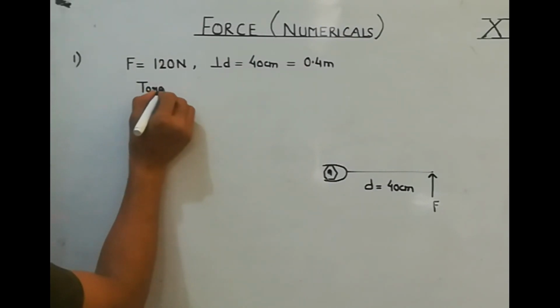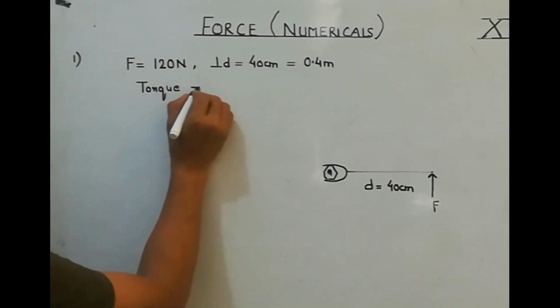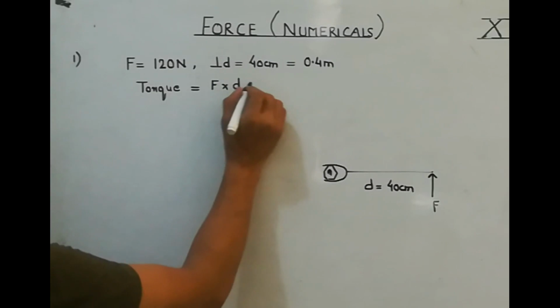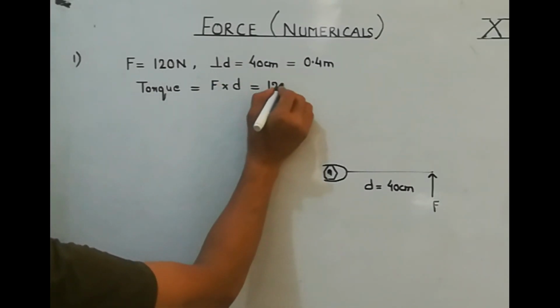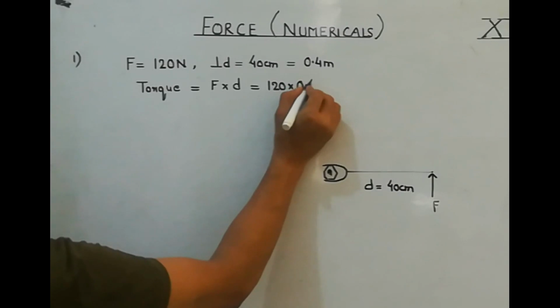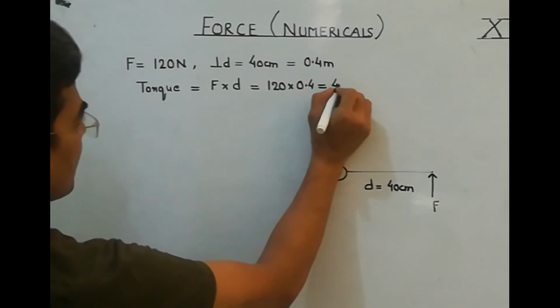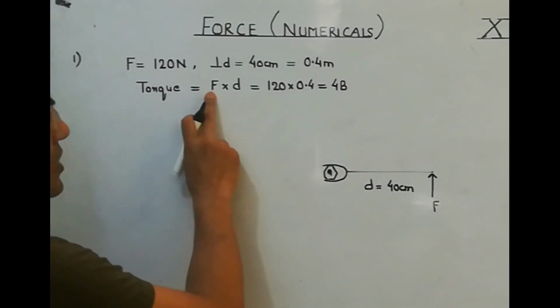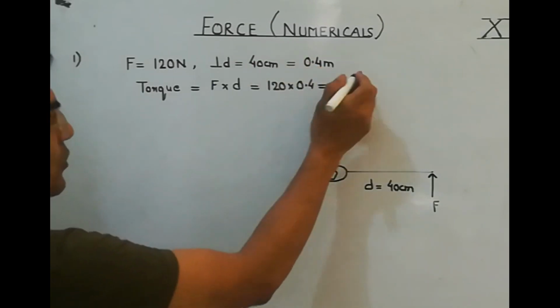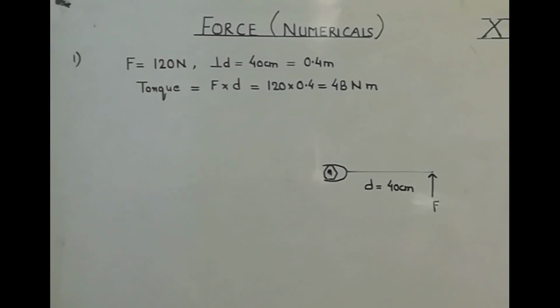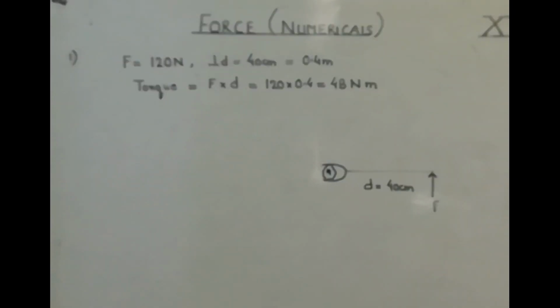Torque required. We have 48, then force is in Newton and distance we have converted into meter, so it will be Newton meter. So from the first statement, force and the perpendicular distance were known to us. So what we have calculated is the torque required.